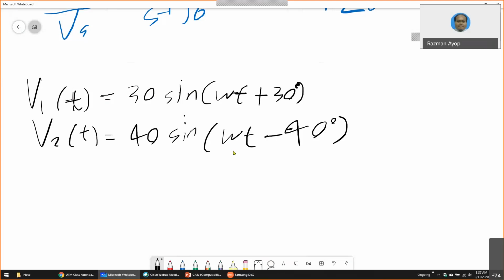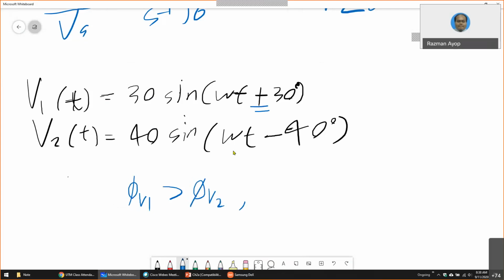So what you can see here, V1 has the higher angle than V2. So if you look here, this one is higher. The angle of V1 is much larger than the angle of V2.